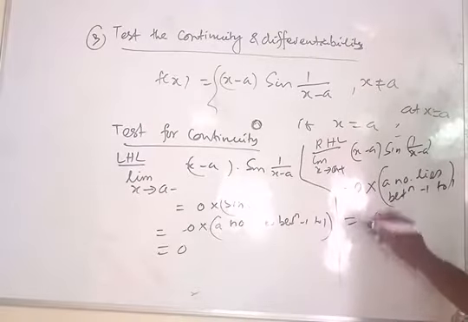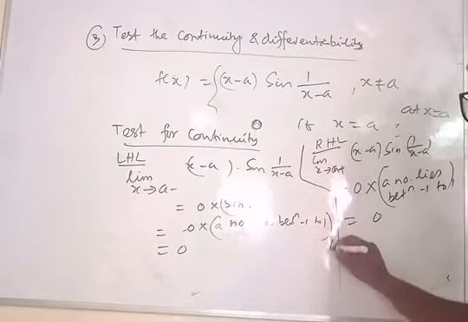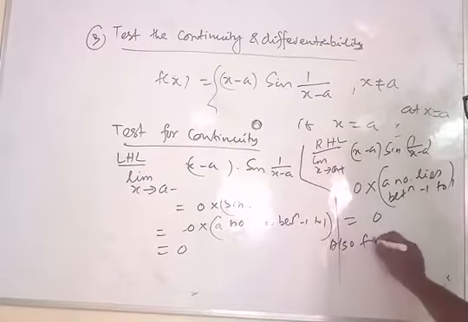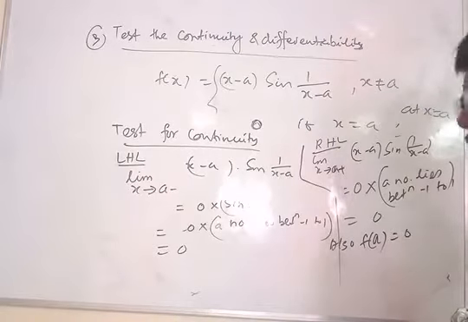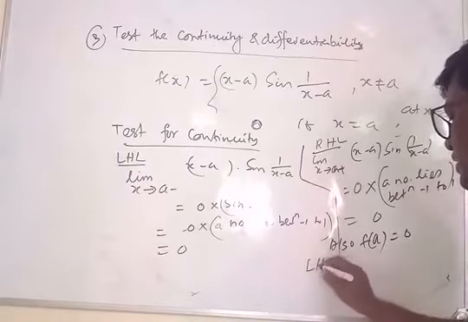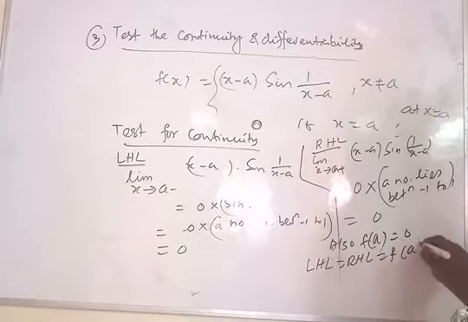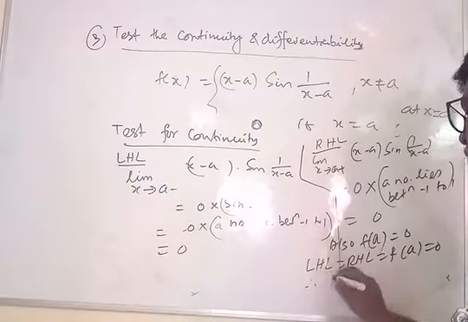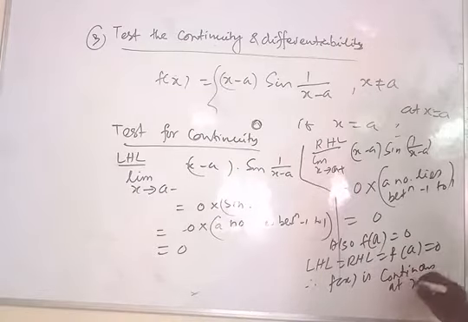So the answer is 0. Here f of a is equal to 0. So LHL equal to RHL equal to f of a is equal to 0. Therefore f of x is continuous at x is equal to a.